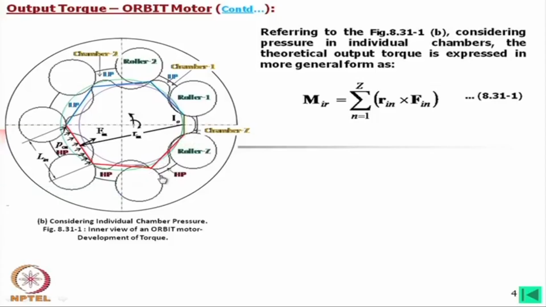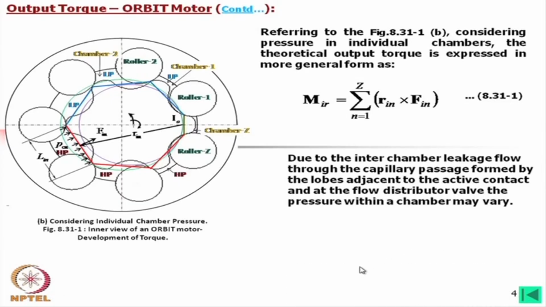In that case, if we suppose this pressure distribution is non-uniform, then if we can consider such mapping, we can accurately calculate the load and the distance from that load to this instantaneous center of rotation, and this will give us the more accurate torque. That is the purpose of considering the pressure distribution in that way.